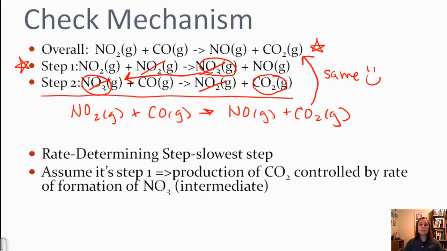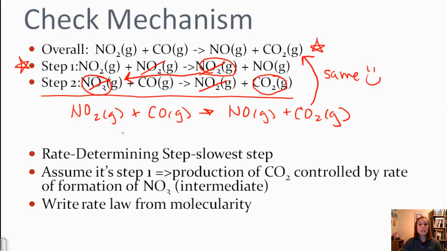And so if step 1 is really slow, formation of NO3 is going to be really slow, which means then it won't show up as a reactant very quickly, which means CO2 won't be produced very quickly. So that's why step 1 is our slowest, and it's based on NO3.